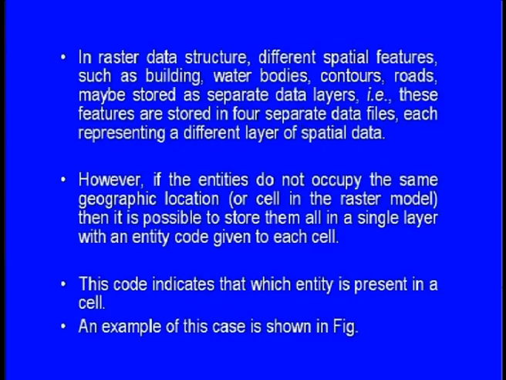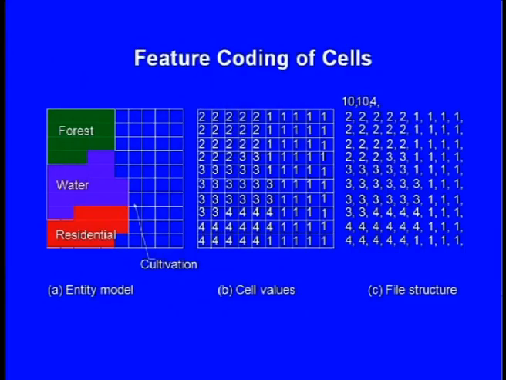However, if the entities do not occupy the same geographic location or cell in the raster model, then it is possible to store them all in a single layer with an entity code given to each cell. This code represents which entity is present in a cell. An example of this case is shown in the next figure.